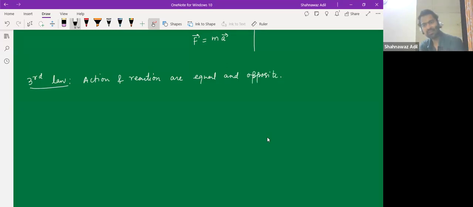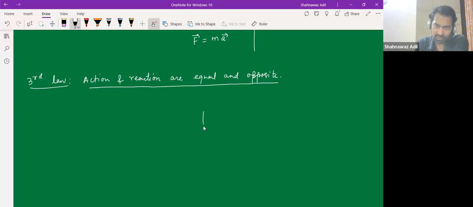So it says that if some object is applying some force on the other object, then the other object will apply the same amount of force, but in the opposite direction. So that is what Newton's third law says.